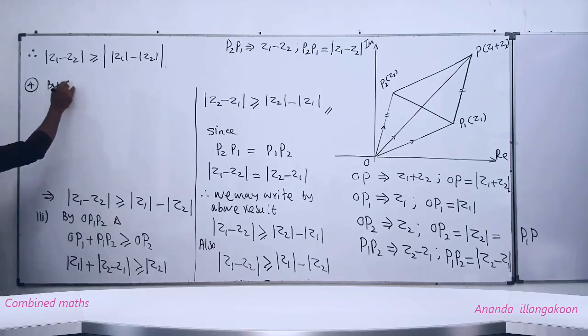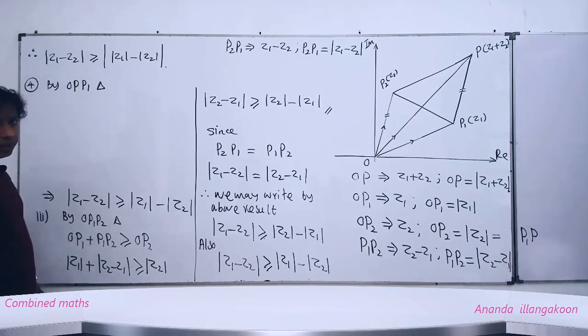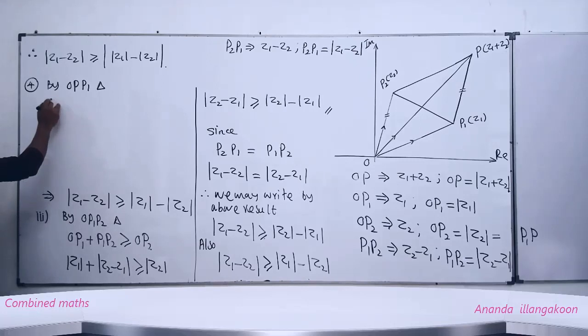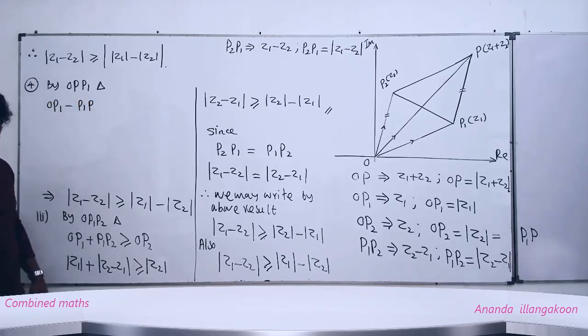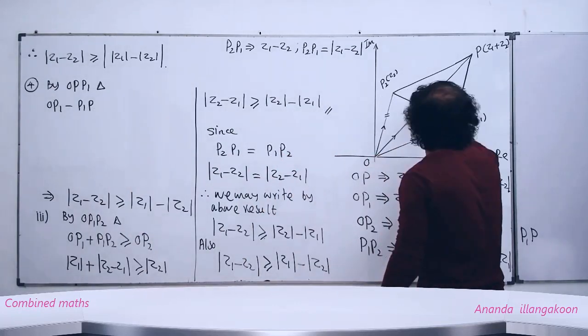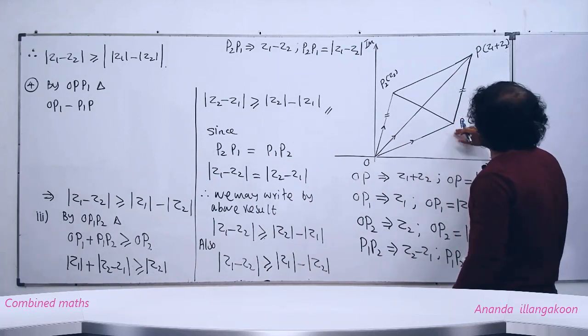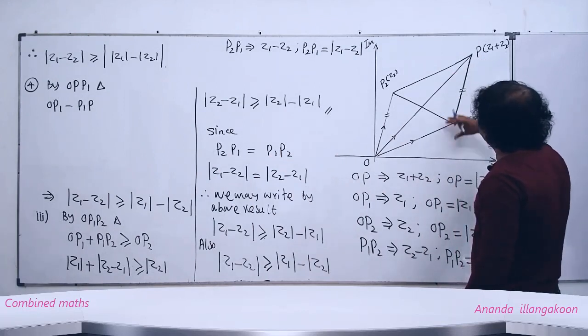By the OPP1 triangle, I can write, people, OP1 length minus P1P length. OPP1 triangle means this triangle. In the triangle, OP1 and P1P are two sides.